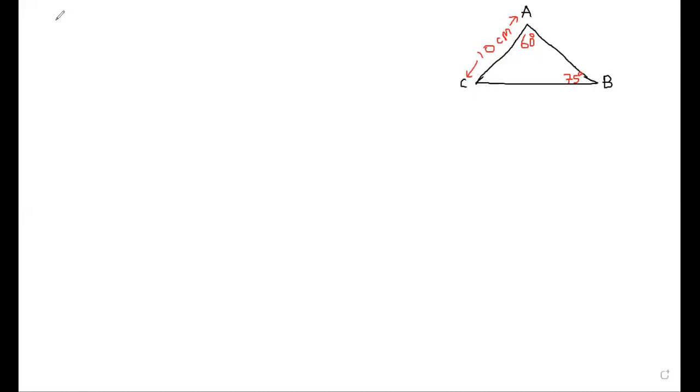So our answer to 7.1, our answer was root 6 plus root 2 all over 4.